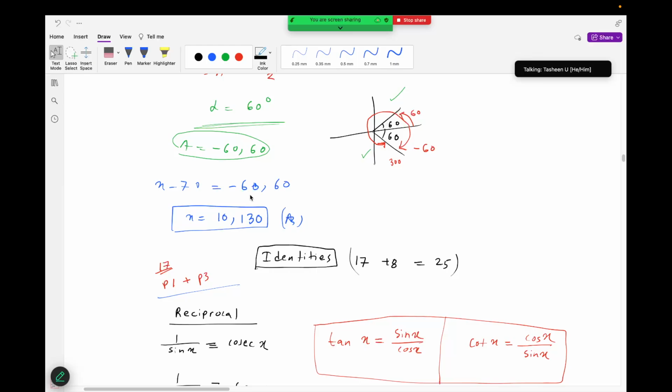So I suggest that you know the formula by heart, and by that I don't mean that you have to memorize it like a parrot: tan x equals sin x by cos x. No, when you practice a lot of problems using this formula, you will automatically know it, and it will become muscle memory, similar to typing.